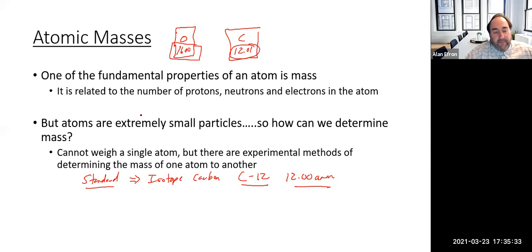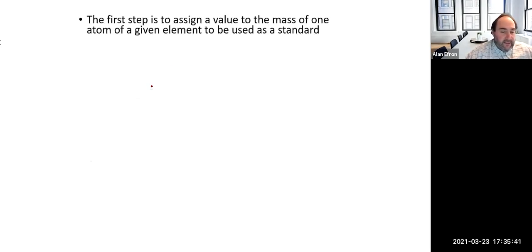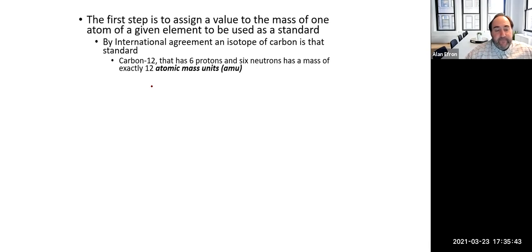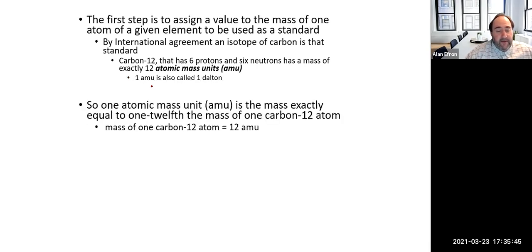And they basically compared everybody to it and said, hey, this guy's only 8% as big as a carbon 12 isotope. This guy maybe is a little bit bigger. This guy's a little bit smaller than the carbon 12 isotope.